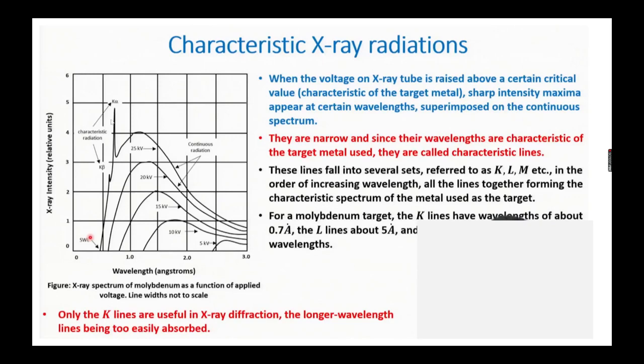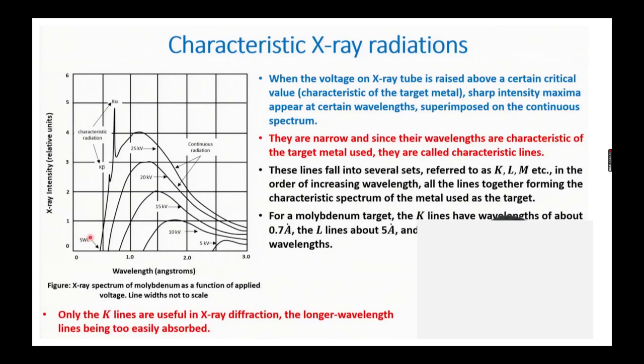Here you can see a K alpha and a small K beta, but a very sharp intensity of K alpha superimposed on the continuous spectrum. They are narrow, and since their wavelengths are characteristic of the target metal used, they are called characteristic lines. These lines fall into several sets referred to as K, L, M, etc. in the order of increasing wavelength, all together forming the characteristic spectrum of the metal used as target.